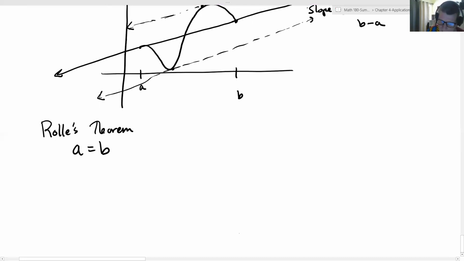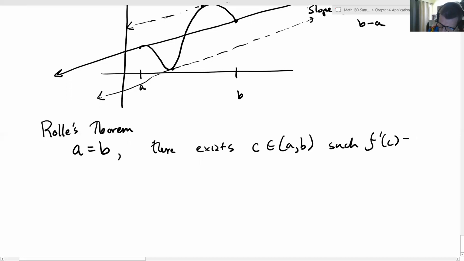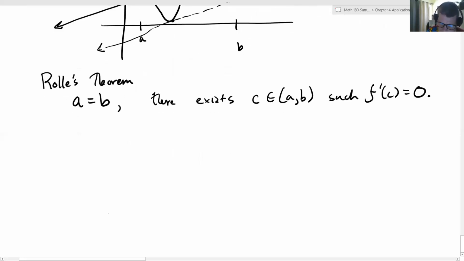We'll have A equals B, and then this says there exists a C, C belonging to A to B, such that f prime of C equals 0. And so for Rolle's theorem, we're getting something that looks like this.